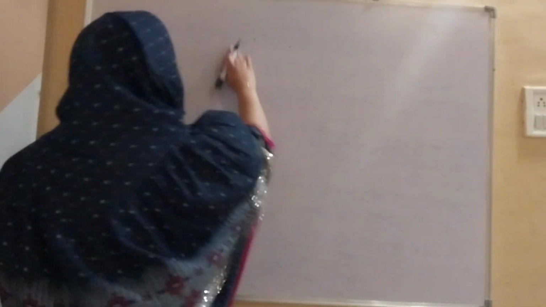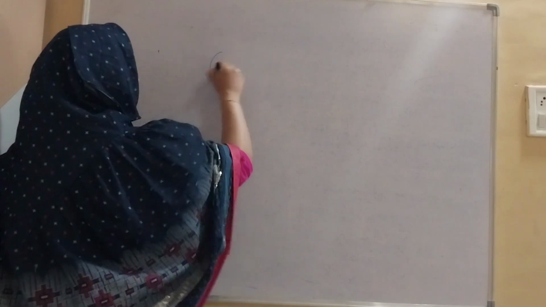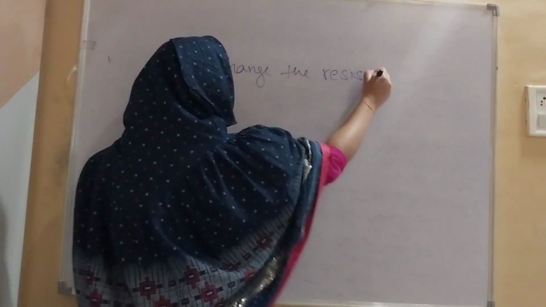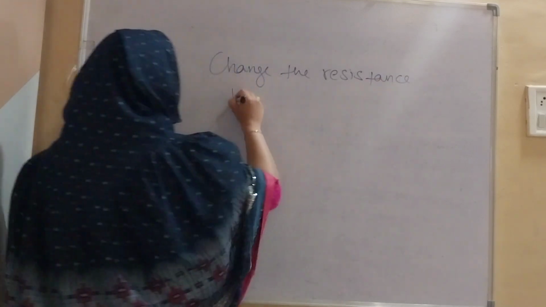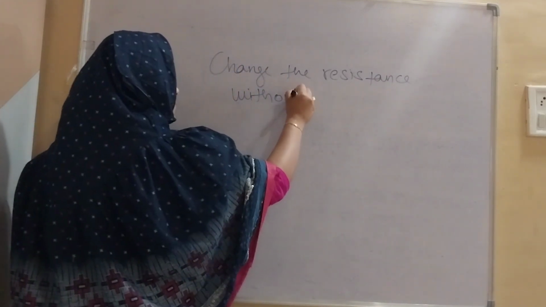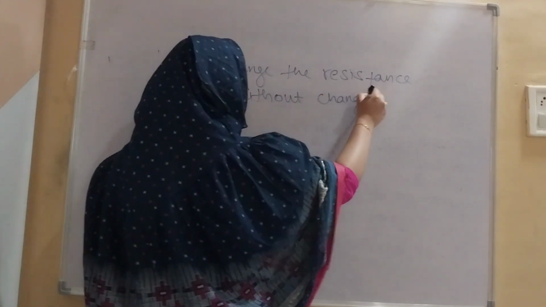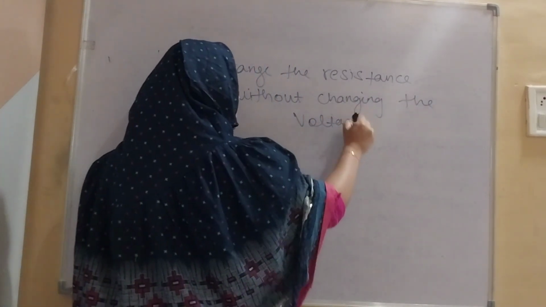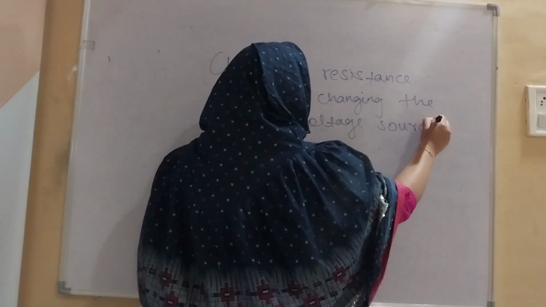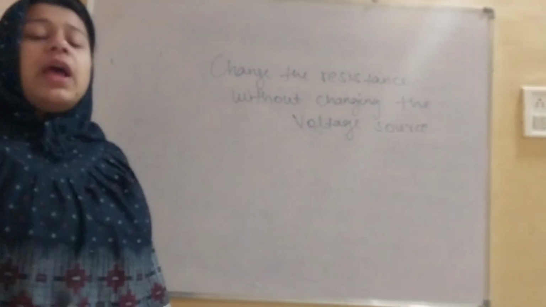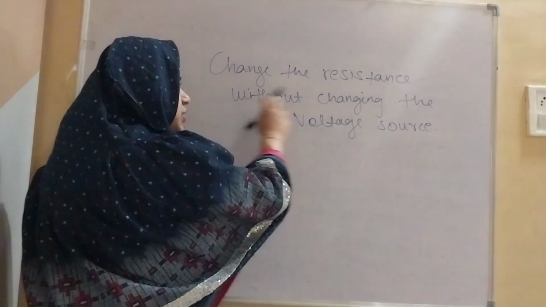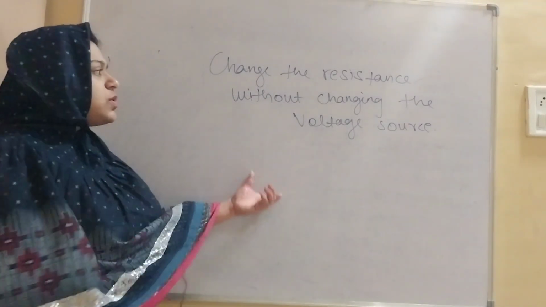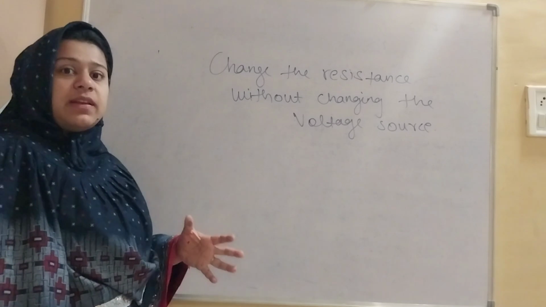Now, can we change the resistance without changing the voltage source? Okay, there is a device with the help of which we can change the resistance without changing the voltage source. Voltage source means cell, battery, anything like that.